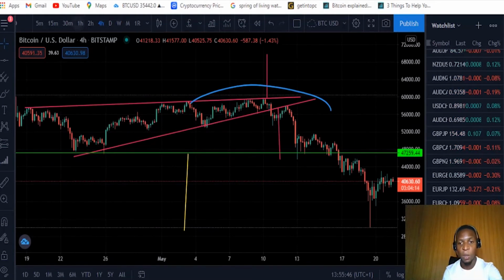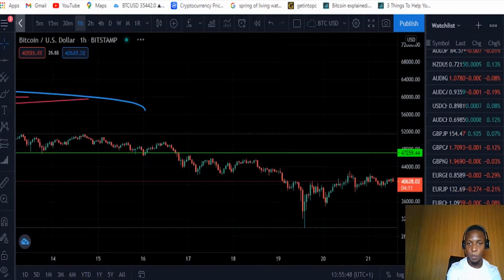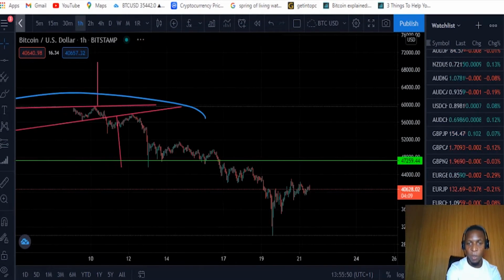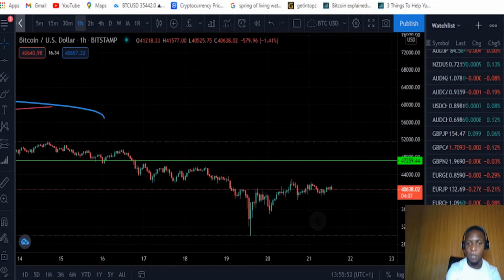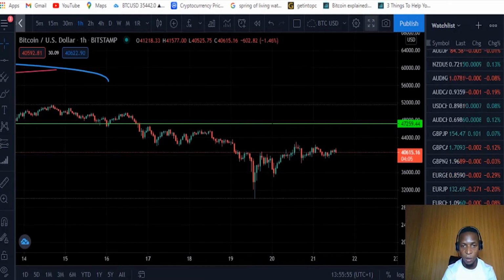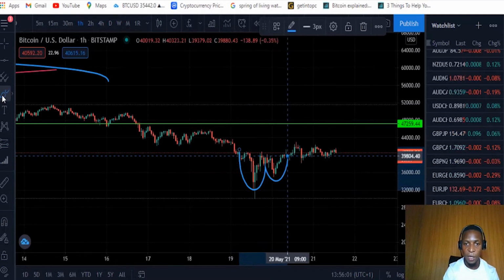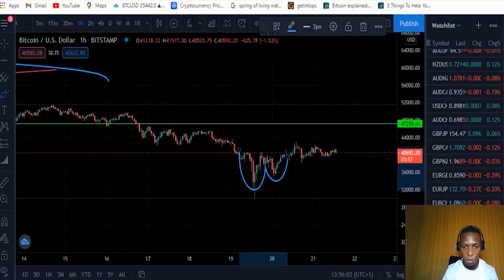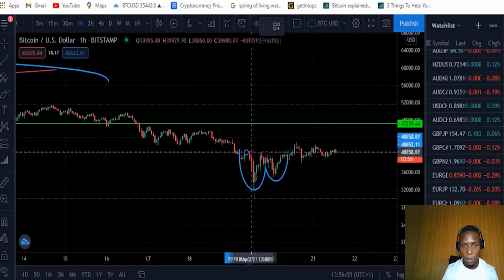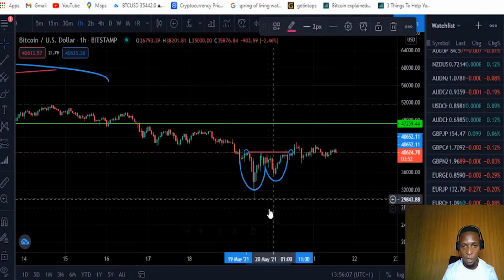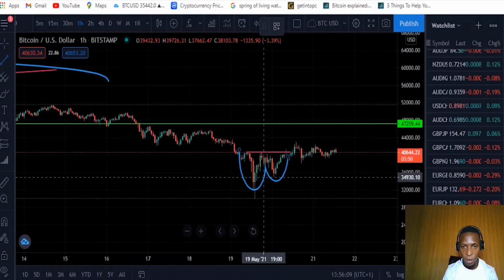Let's go to the 1 hour time frame. Before now we were citing this W pattern. You can see the W right here, and hoping that when it breaks out, we're going to have this possible scenario.